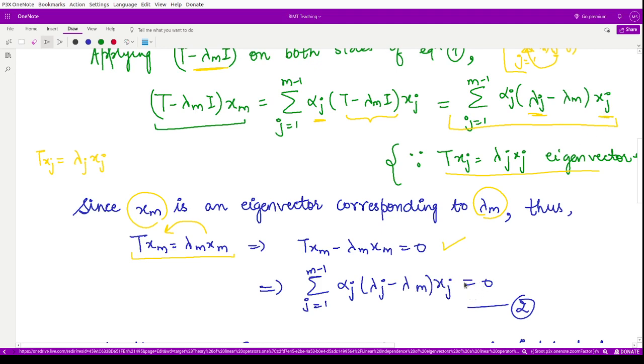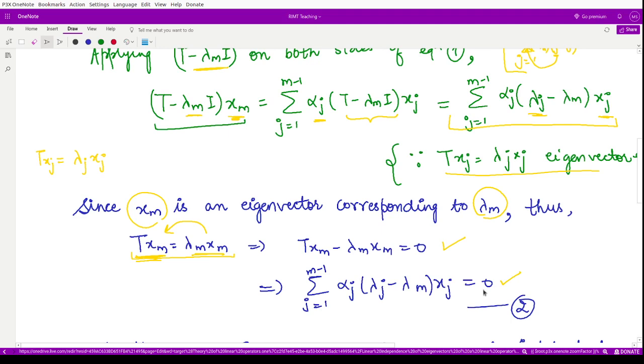How? Because the left hand side is eventually 0: lambda m xm is T xm, so you have T xm minus T xm, that is 0. So the right hand side also becomes 0.